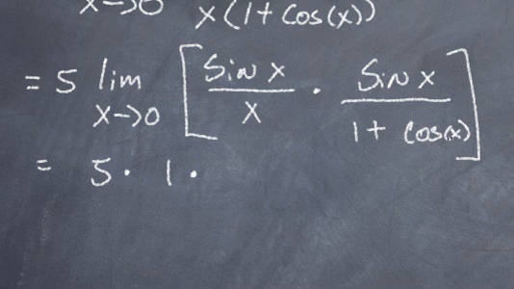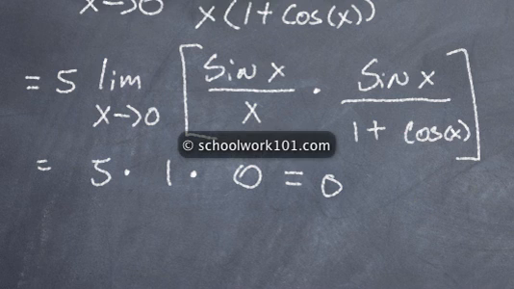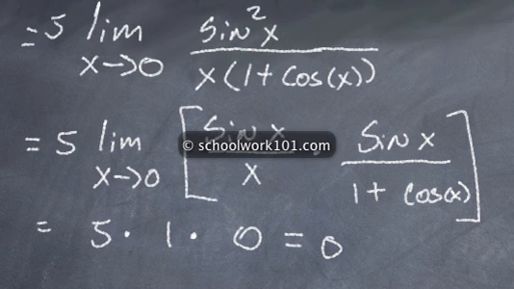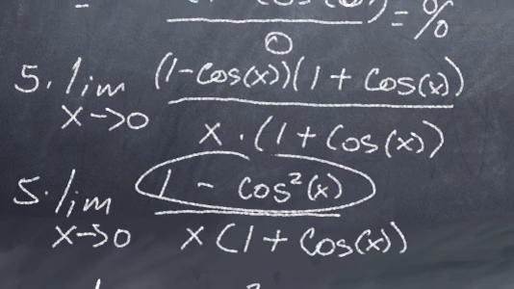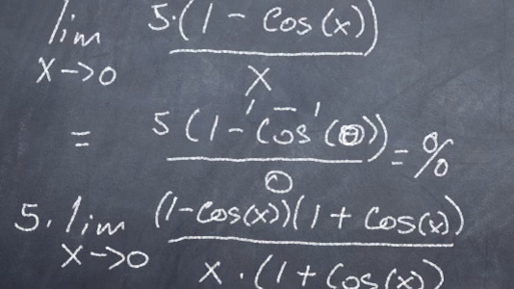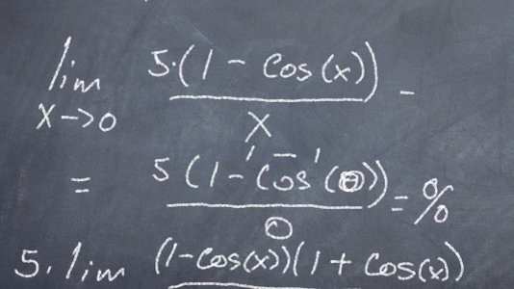And we have 1 plus cosine 0, and that's going to make the bottom 2 because cosine 0 is 1 and 1 plus 1 is 2. But we end up with 0 over 2, which is just 0. So finally, we end up with 0 as our final answer. So we can come back up here and say that this limit is equal to 0.